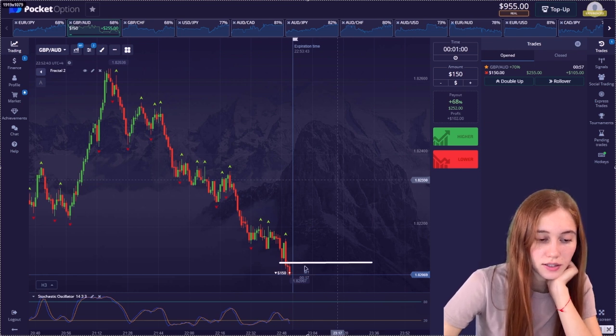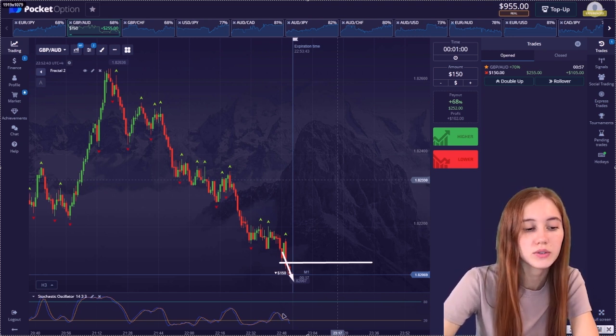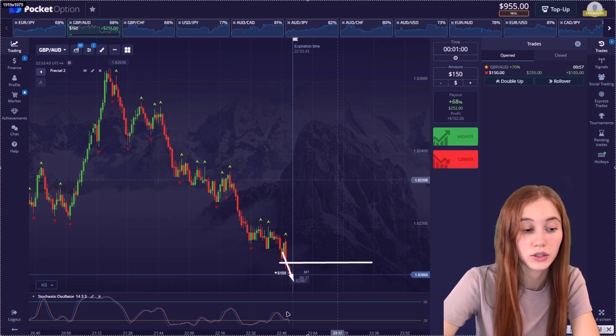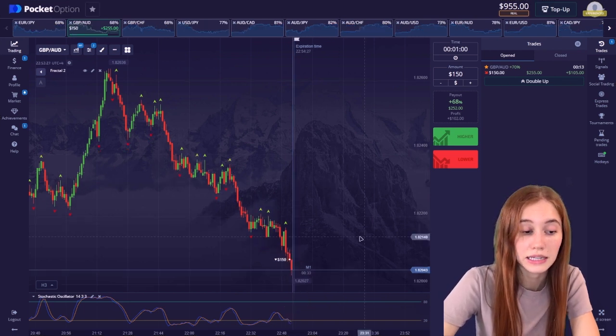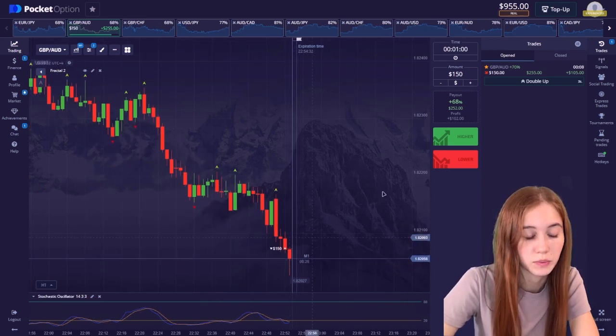Let's look at the stochastic. It shows the red prevails over blue. We also started to go below the 20 value zone. That also shows a decline in the trend. Let's see, we see that there's indeed a strong drawdown. Decreasing of the chart way up and down.